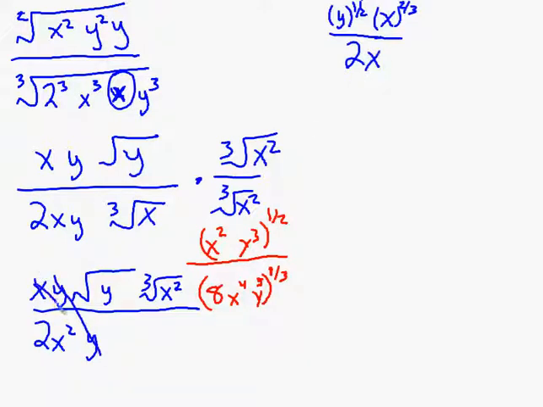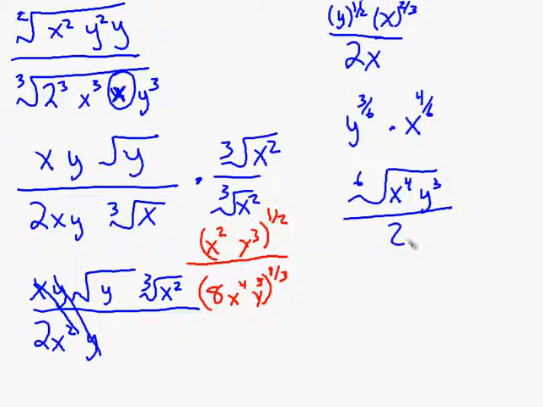Those canceled, those canceled. Alright, now I need a common denominator. It's going to be 6. And I see that I get 6th root of x to the 4th, y to the 3rd, all over 2x. And that's my final answer for that one.